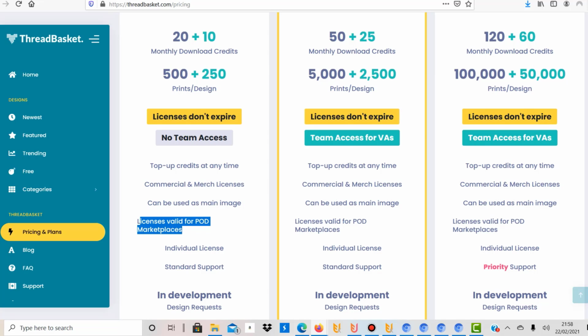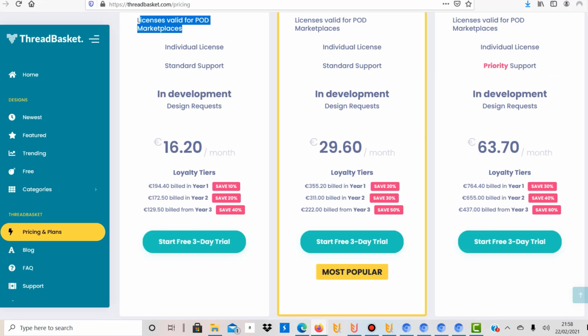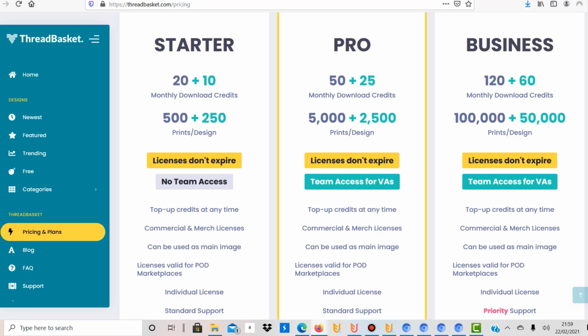They also work on the possibility to create design requests. Vexels, for example, already offers design requests, but here it's not yet possible. Now, if you go for Pro, you get 75 monthly download credits, and Business you get 180.